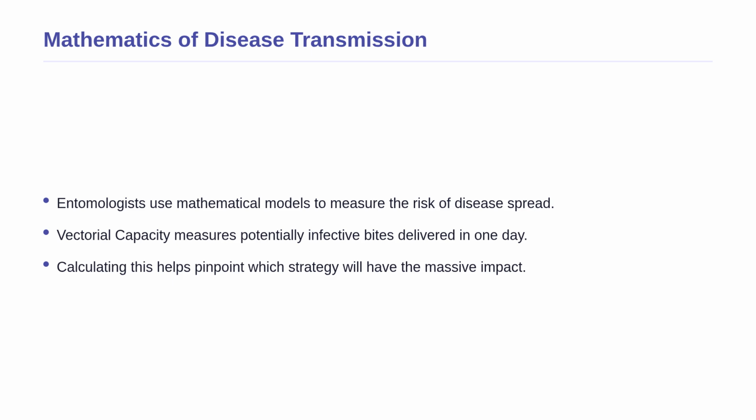This concept tells us the average number of potentially infective bites that will be delivered by a vector population feeding upon a single infectious host in one day. By calculating this specific number, we can pinpoint exactly which management strategy will have the most massive impact on stopping a disease outbreak before it starts.